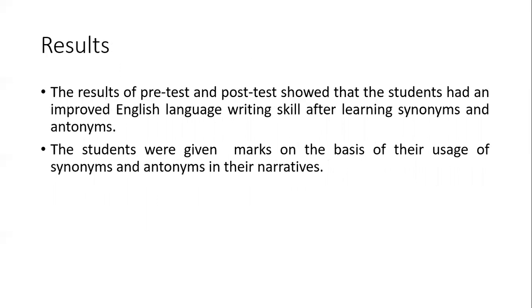The results of the pre and post test showed that the students had an improved English language writing skill after they learned new synonyms and antonyms, and they were given marks on the basis of the usage of the synonyms and antonyms in their narratives, which they wrote in pre and post test.